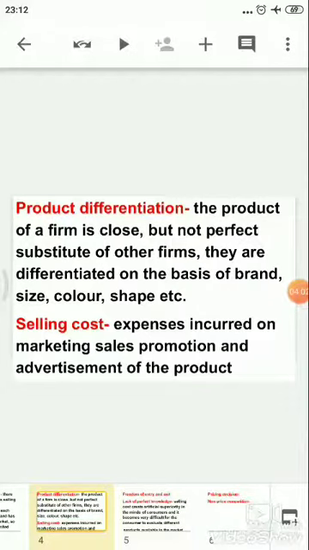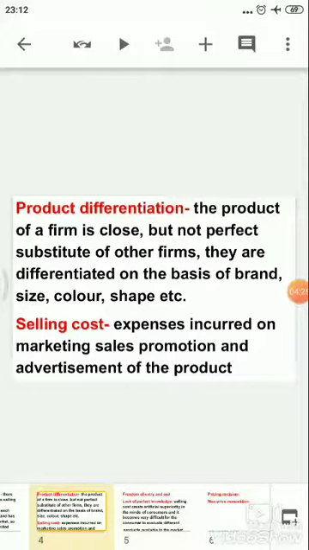Then take the example of toothpaste. You have different toothpastes, Pepsodent, Colgate, Babool. Now see, all these toothpastes perform the same function, but you will prefer Pepsodent over Babool. Why? Because of the brand image which is created in your mind due to the advertisement of the product and the way they promote it. So that's called product differentiation.